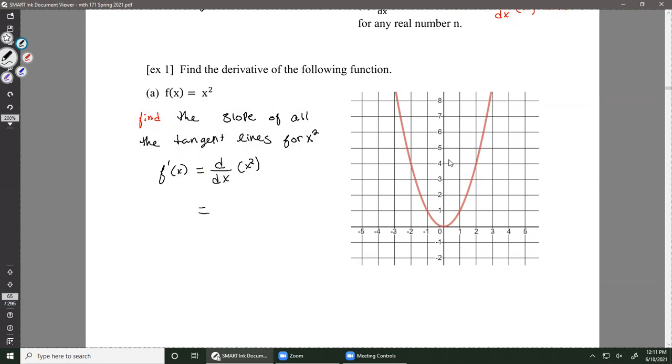And then what happens is that 2 drops down out in front, x, and then we subtract 1 off the exponent. If we were to simplify this, we get 2x to the 1st, which is really just 2x.